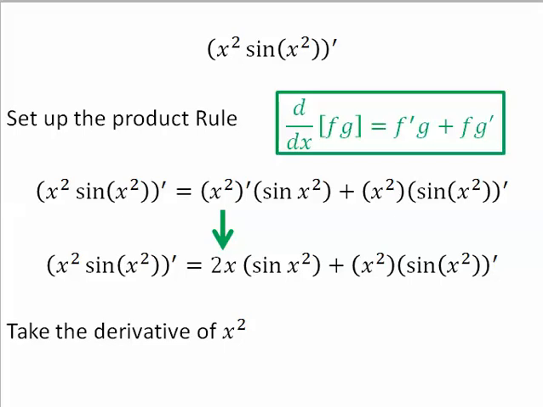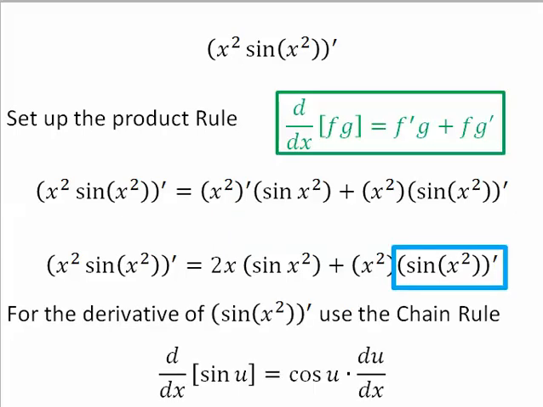There's another derivative that we need to do, and that's the derivative of sine of x squared. Now, we found the derivative of cosine of x squared. Finding the derivative of sine of x squared will play out in a very similar manner.